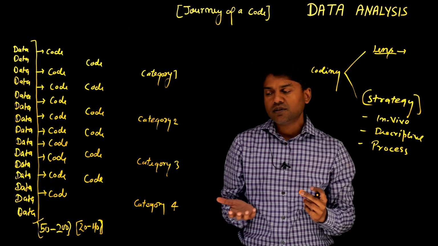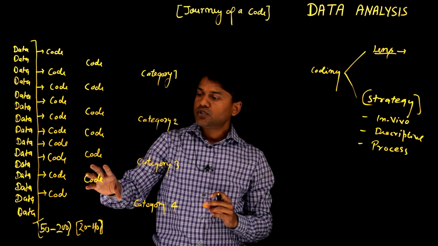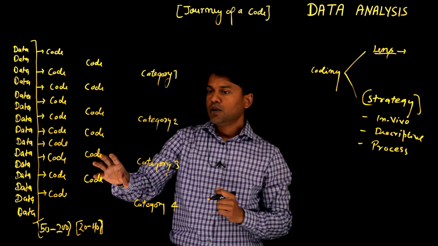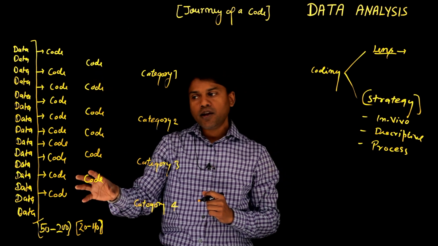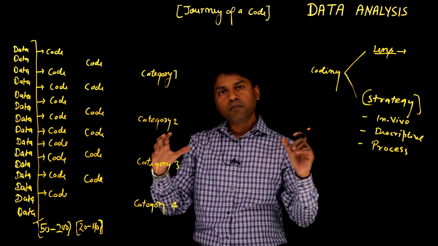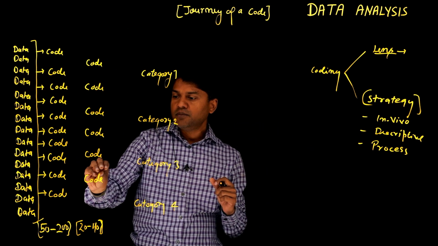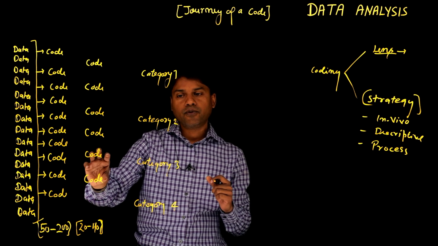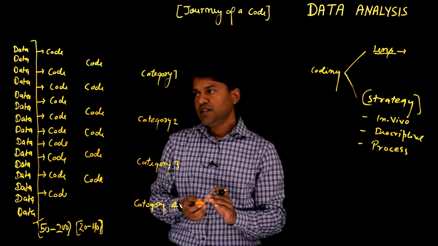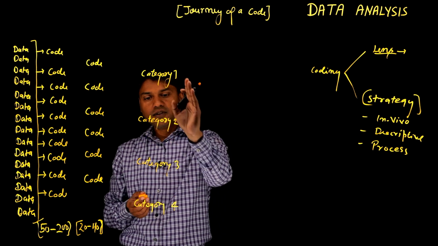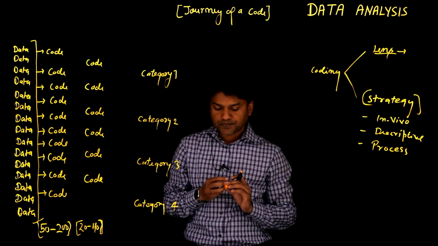In simple language, you try to see these broader codes and how they are distinct from each other, or maybe related in some way, or maybe part of a big process. You try to club these in an even broader frame, and that we call a category. So here in the third level, we have 4 categories which are emerging from the data.